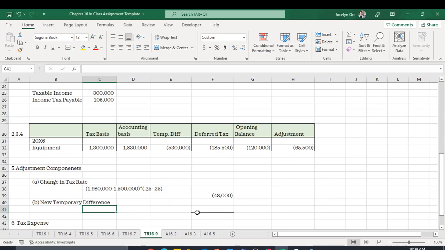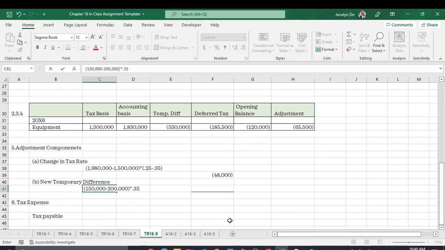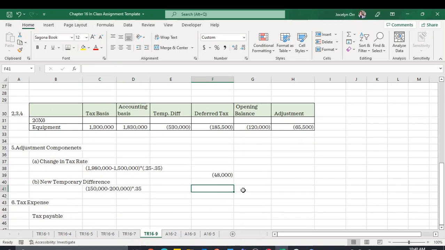Next, we want to look at the temporary difference that's actually related to the difference between our CCA and our depreciation expense. So again, I'm going to take my depreciation expense, I'm going to subtract the CCA, and I'm going to multiply by the tax rate of 35% that was used.